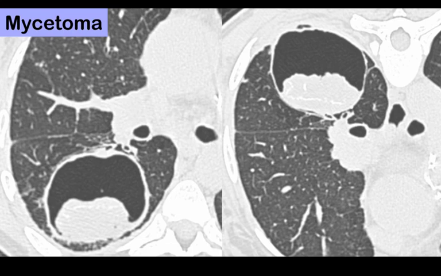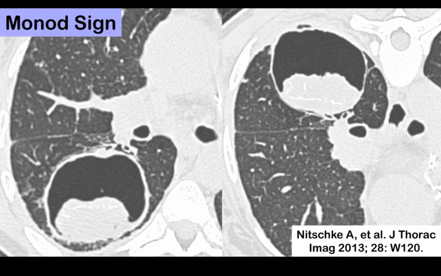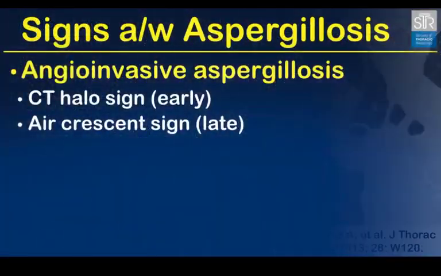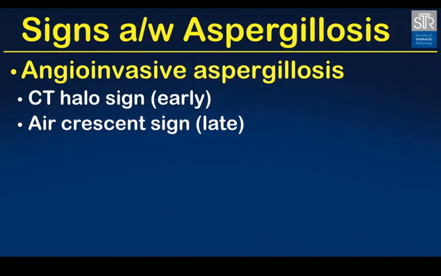And this particular sign is called the mucoid sign, and that specifically refers to the development of a gravity-dependent mass within a pre-existing cavity. So there are a number of signs which are associated with aspergillosis. The CT halo sign and the crescent sign are associated with invasive aspergillosis.